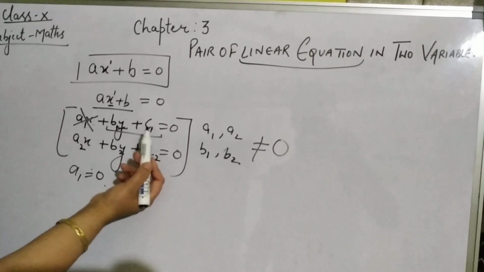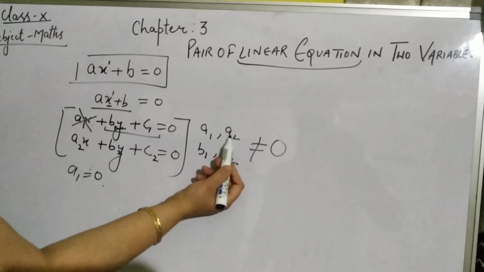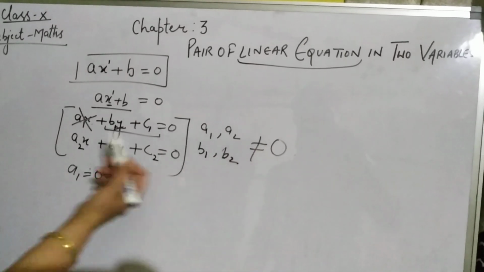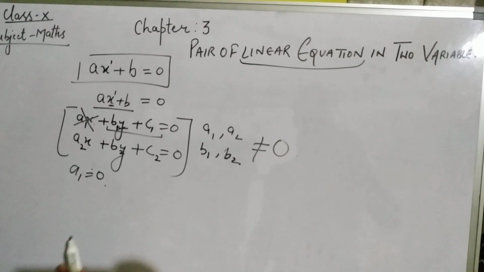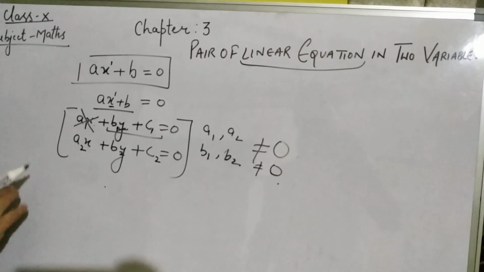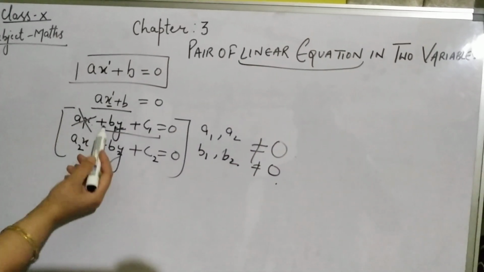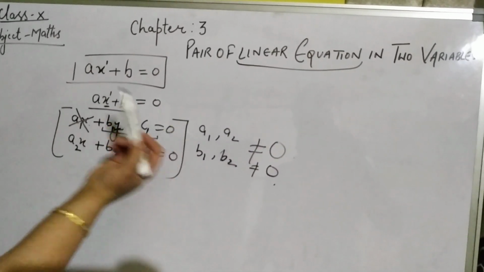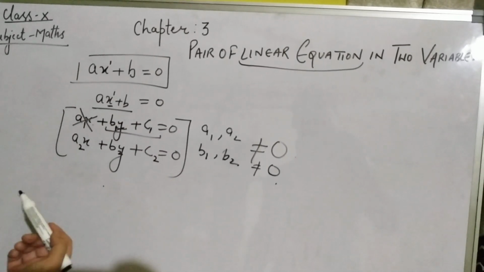Then it will become a linear equation in one variable only. So a1 and a2 must not be equal to 0, and similarly b1 and b2 should not be equal to 0. Right? So the pair of linear equations in two variables is a1x plus b1y plus c1 is equal to 0 and a2x plus b2y plus c2 is equal to 0.